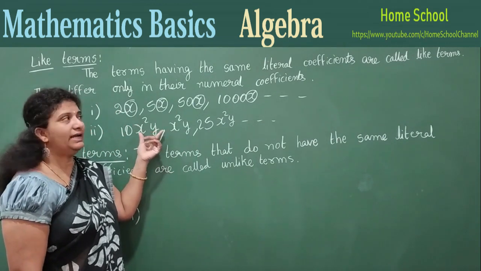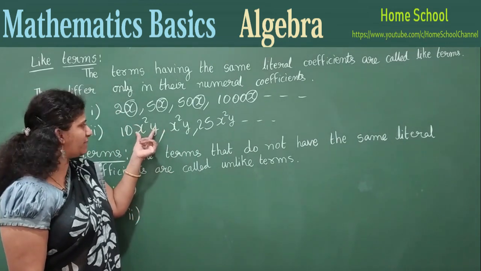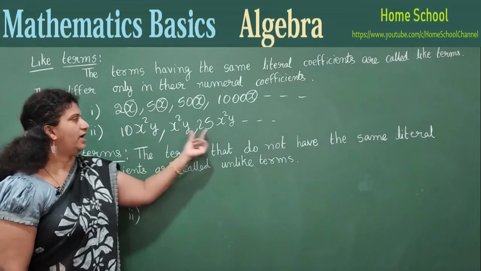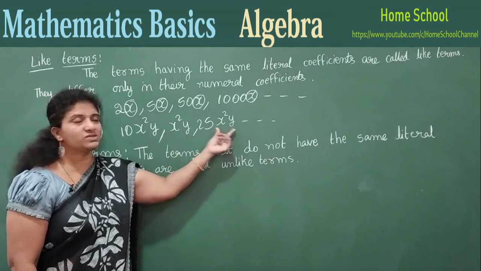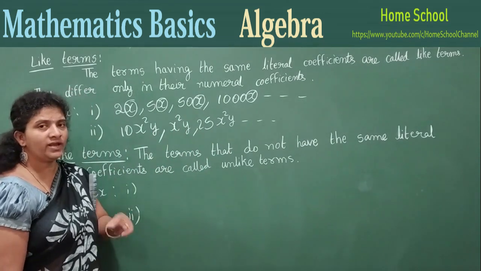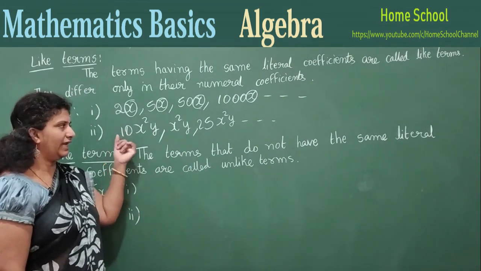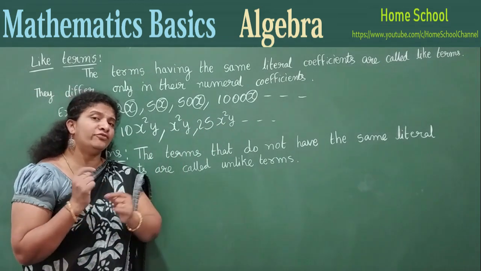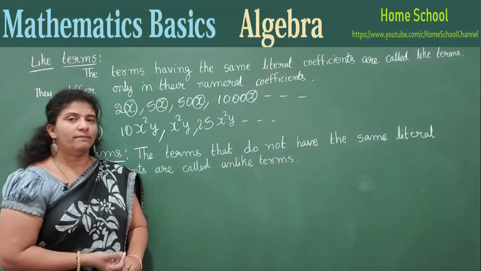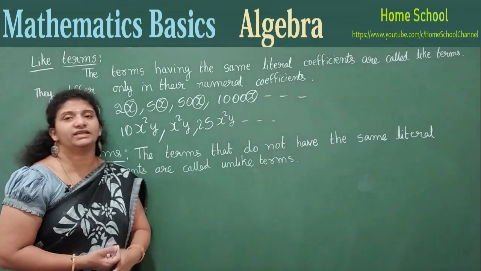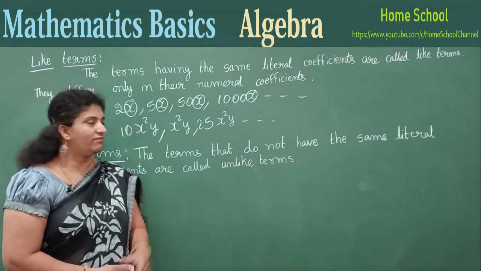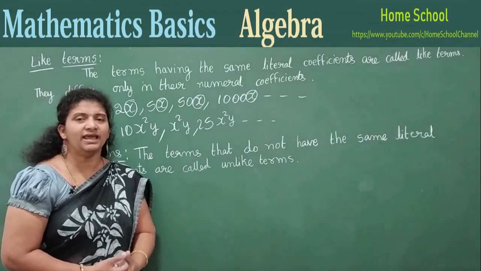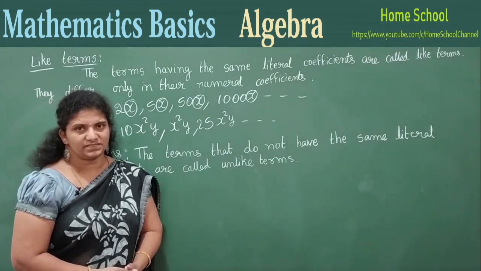Identify the literal or algebraic coefficient: x square y, x square y, x square y. Observe the numerical coefficients 10, 1, 25. So numerical coefficients may differ, whereas the algebraic coefficient is the same. If they are the same, then all these terms are called like terms.